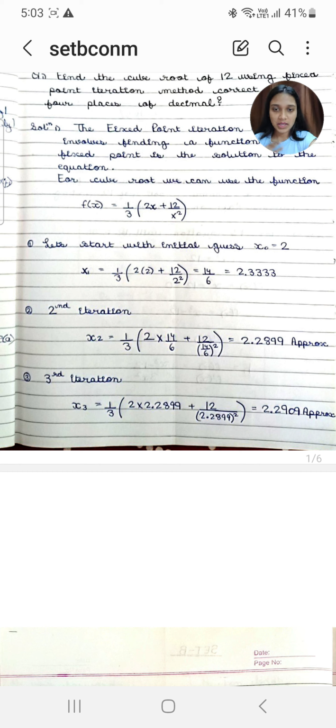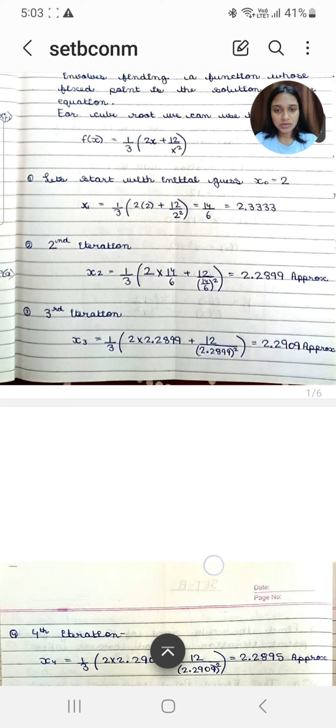Now the same we will continue. We will put the value of x2 as x in the third iteration, that would be 1/3 (2 × 2.2899 + 12/2.2899²), that would be 2.2909 approx. Now same we will continue.